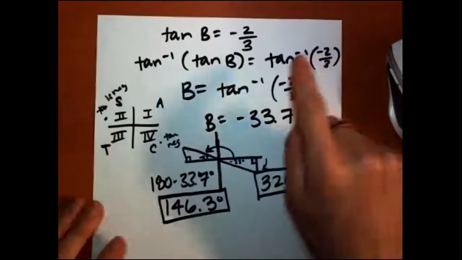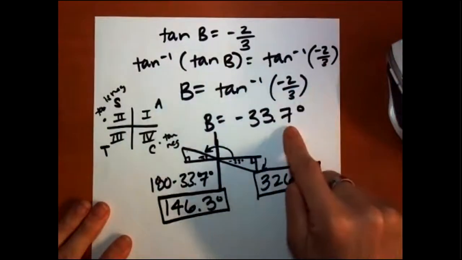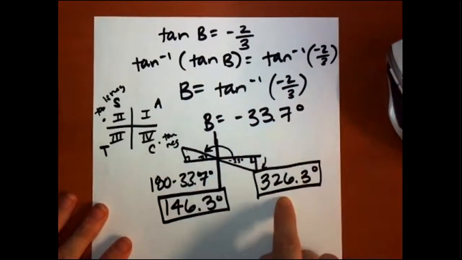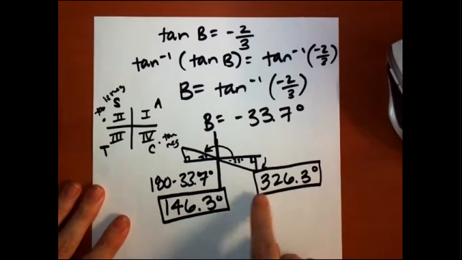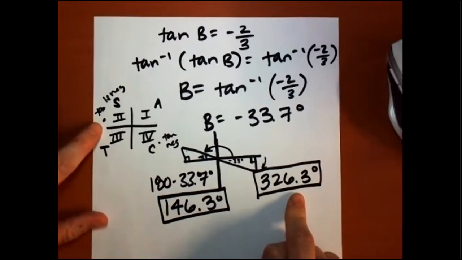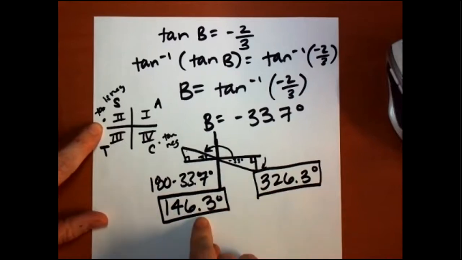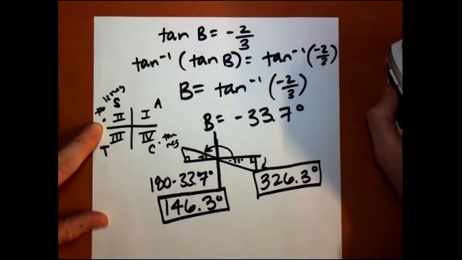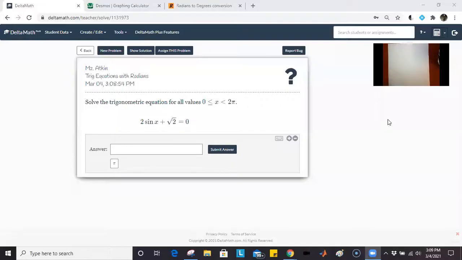And we either use our inverse tangent, plug it into a calculator, figure out where that's going to be as one angle, and then use our chart to determine where the other answer is going to land, or we use our Desmos. Okay. So we're going to do one more example for the second type of question here.